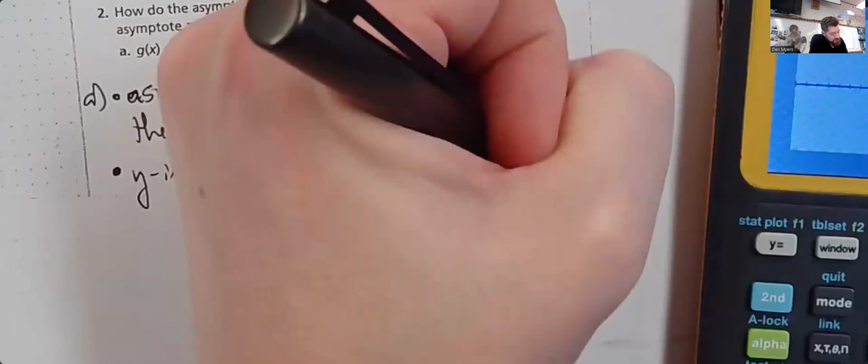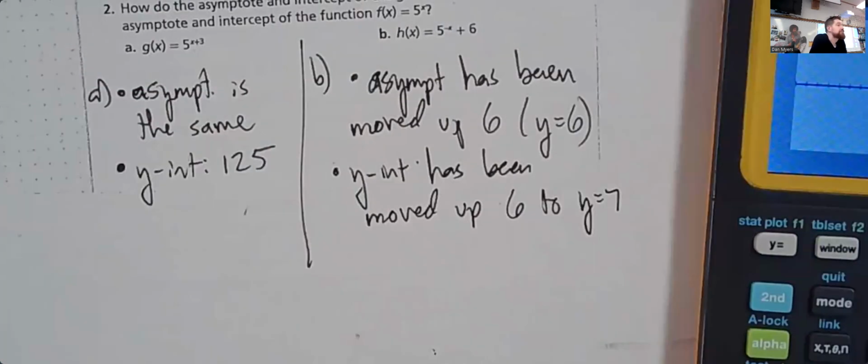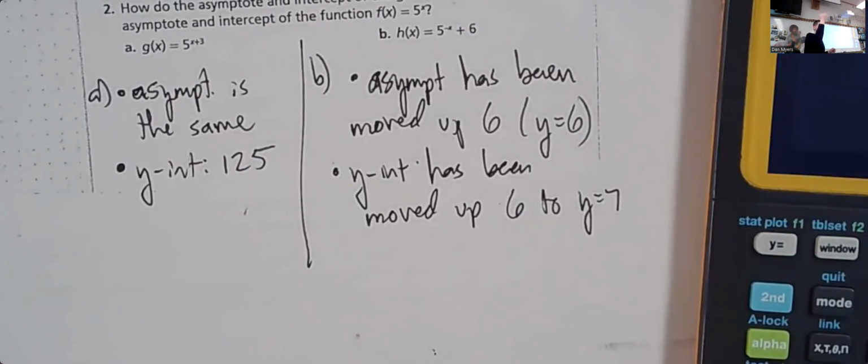Y equals 7. It was at a location of y equals 1, but because it went up 6, everything just moved up 6. Yes, it's been flipped, it's been reflected across the y-axis, but the y-axis reflection didn't have any effect on either the asymptote or the y-intercept. That reflection didn't change anything.